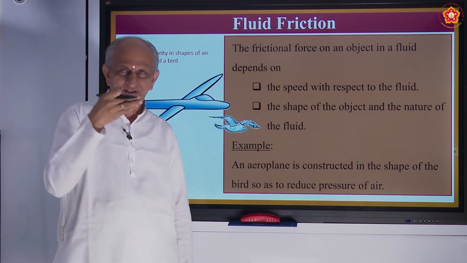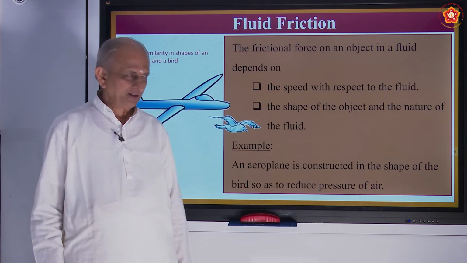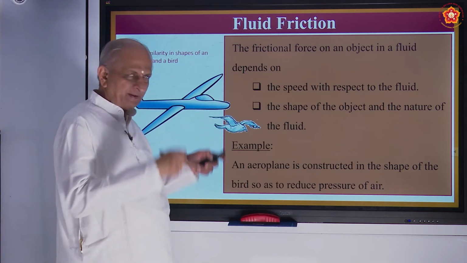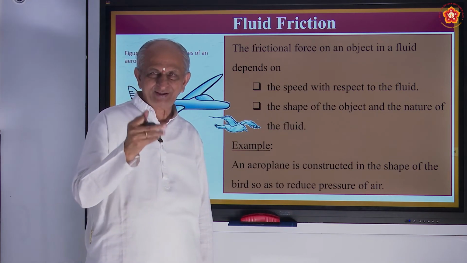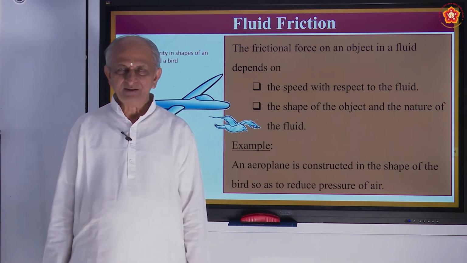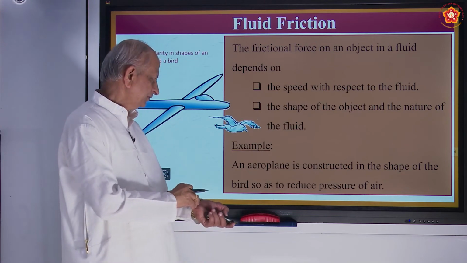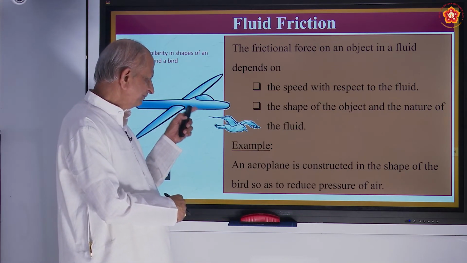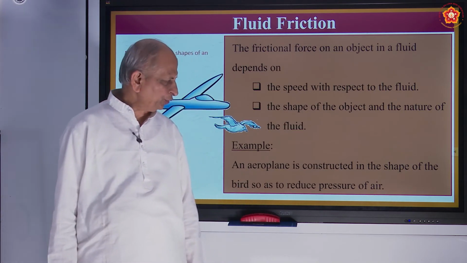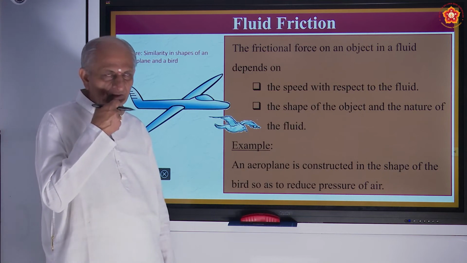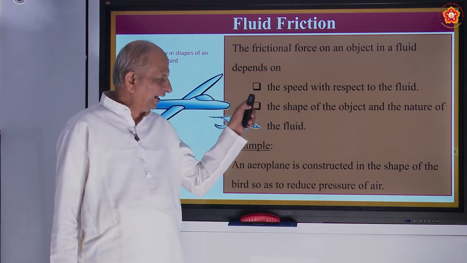Another is the downward force of the people or engine inside, etc. And the third is a propeller which revolves. Another is air drag, the pressure of the air when it moves in the air. So how are aeroplanes constructed? In the shape of a bird, so as to reduce the pressure of air. The shape is made such that it can move in air easily.